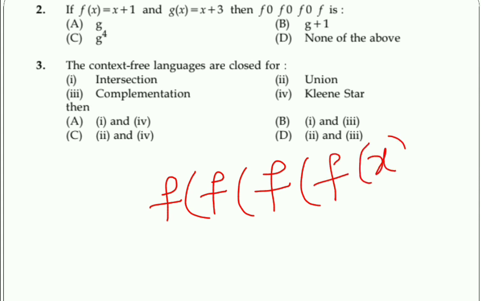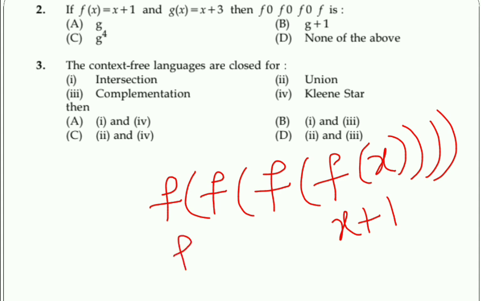It has 4 f's: 1, 2, 3, 4. So what is the f of x value here? x plus 1, right? We are considering this f of x value as x plus 1, so we have to take this value as x and substitute it in the particular relation.